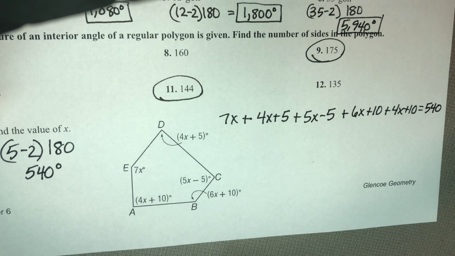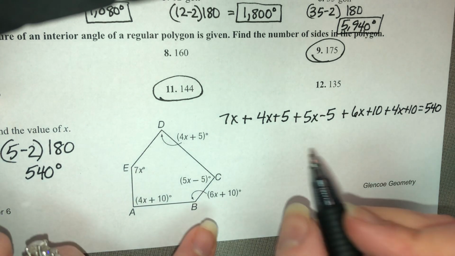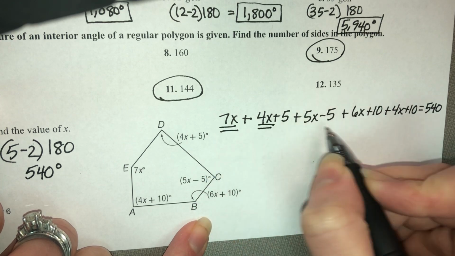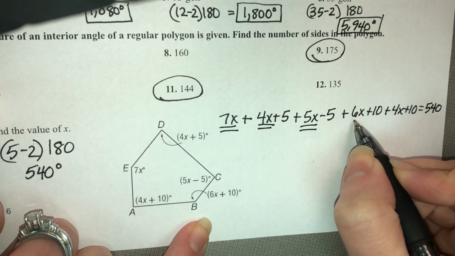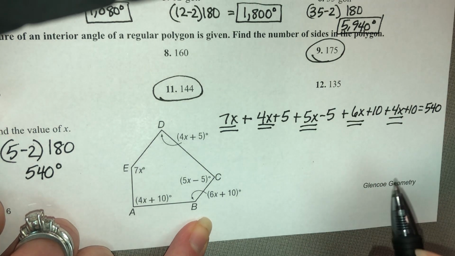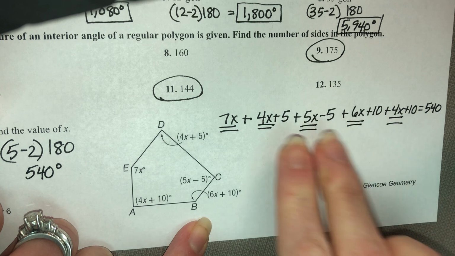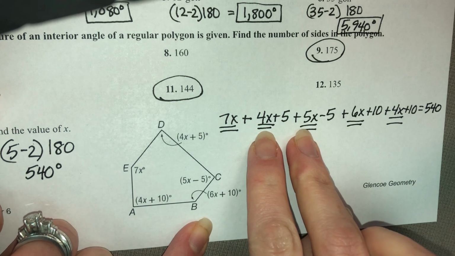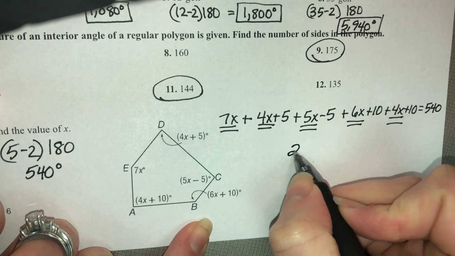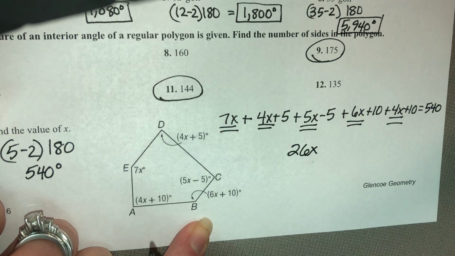The good news is it's not going to stay that way. We're going to take 7x plus 4x plus 5x plus 6x plus 4x. So that's 10x plus 9x is 19x plus 7x is 26x when you combine all the x terms together.